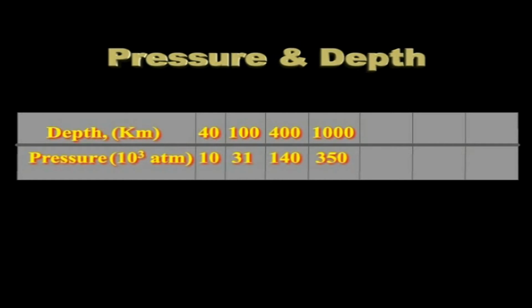Around 1000 kilometers depth, it is something like 350 atm, and at 2900 kilometers, something like 1370. Around 5000 kilometers, it will be around 3120 atm, and in the center of the Earth, it is something like 3610 atm.